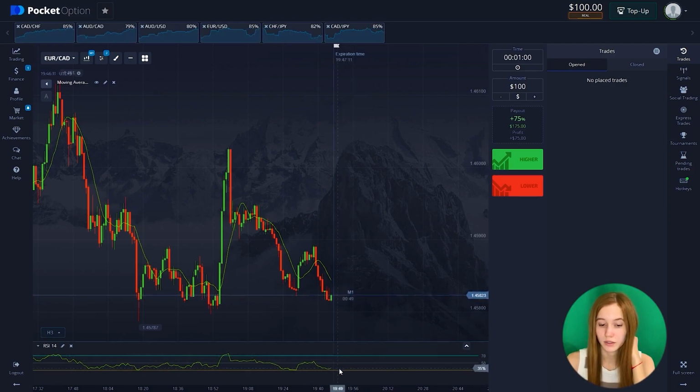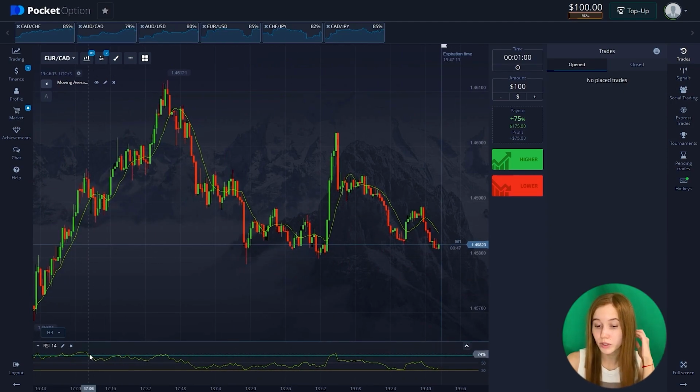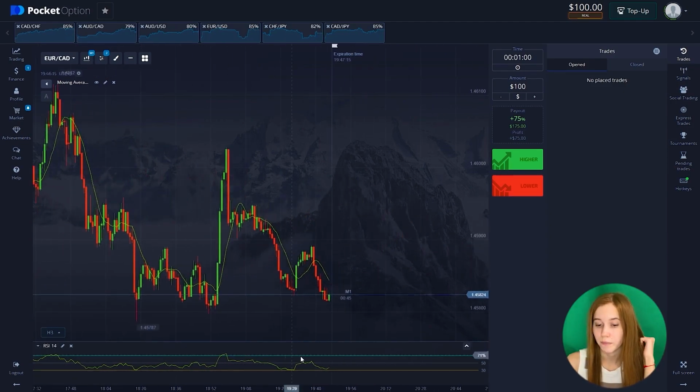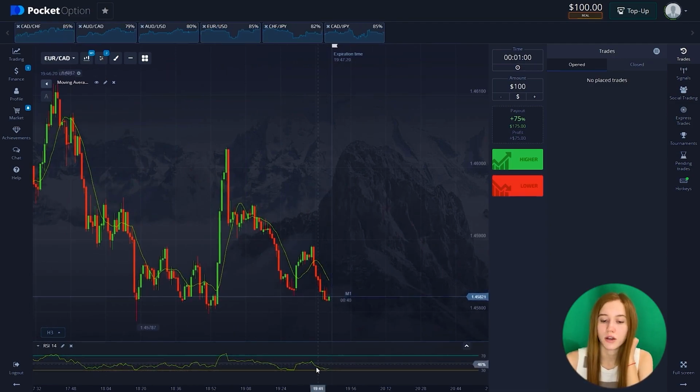Upper zone and lower zone. Upper is overbought and the lower zone is oversold. This indicator helps to understand in which direction our trend is sliding.